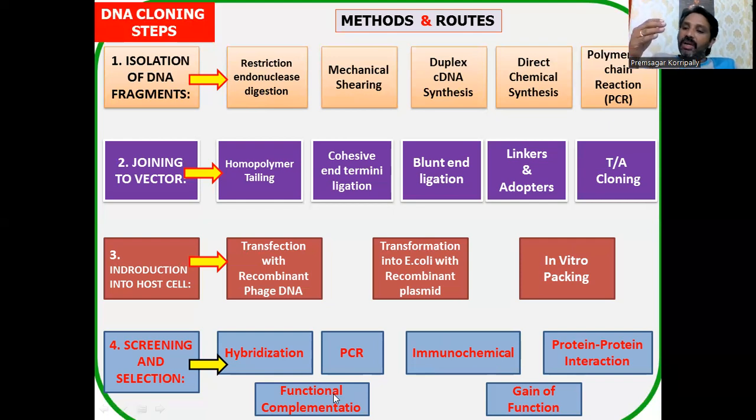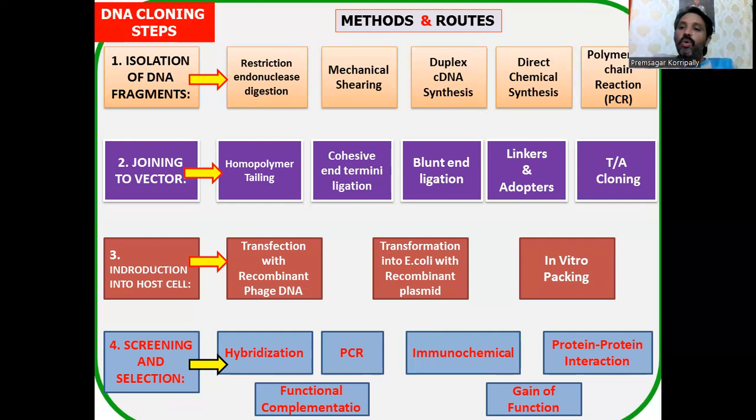If a gene has an established function, and you have a mutant of that particular gene, the related gene can be cloned and transformed into those hosts, and if the host behaves normally, it means the cloned gene is functionally active. Gain of function: if any enzyme-encoding or transporter-encoding gene is cloned, you can check for the activity of the enzyme or transporter. Then you can say that those colonies are positive or recombinant clones.